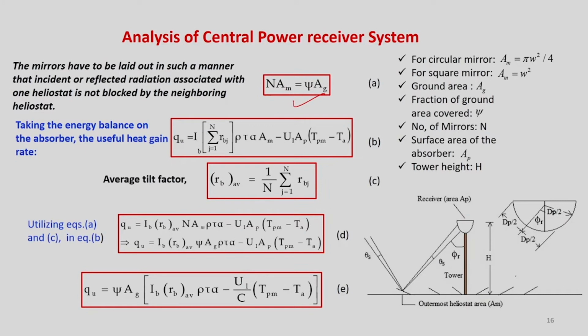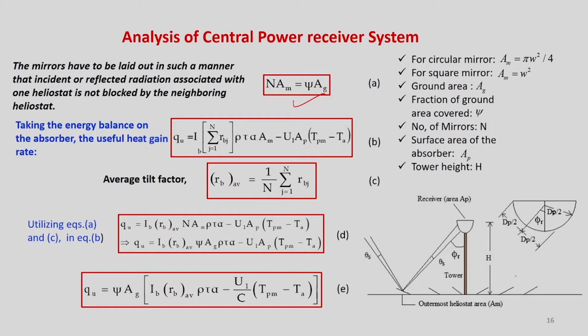What is n? n is the number of mirrors, am is the area of the single mirror, ag is the ground area, and this xi is the fraction of ground area which is covered by the heliostats, right. So, the mirrors have to be laid out in such a manner that the incident or reflected radiation associated with one heliostat is not blocked by the neighboring heliostat. That we should keep in mind.